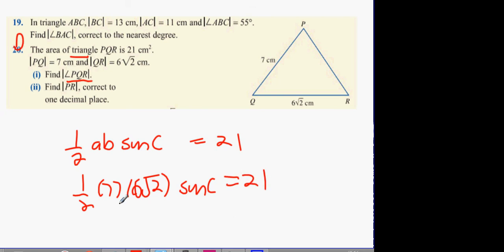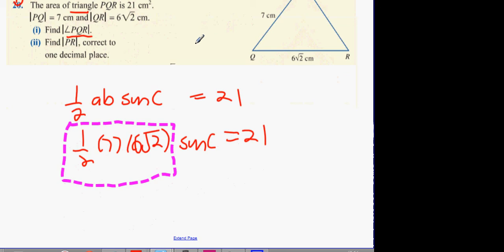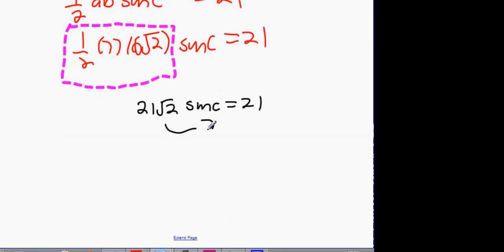I'm then going to multiply all of this together. If somebody can be quick about this, that'd be brilliant. What is this in the calculator? That's 6 root 2. I think it's going to be 21 root 2. Okay, guys. Now, what I want you to do next is divide 21 by 21 root 2.